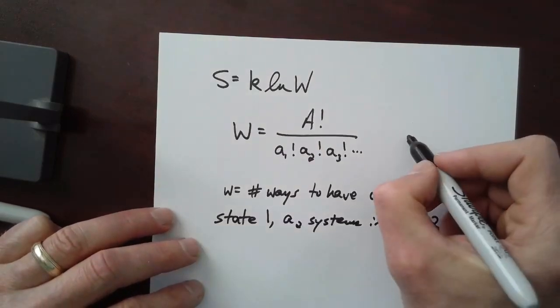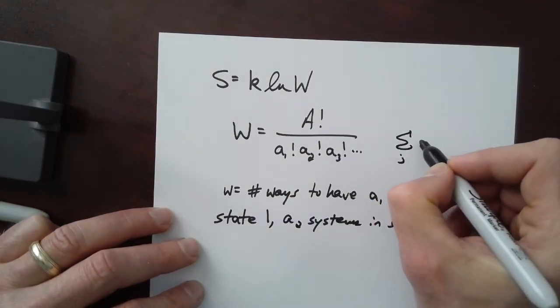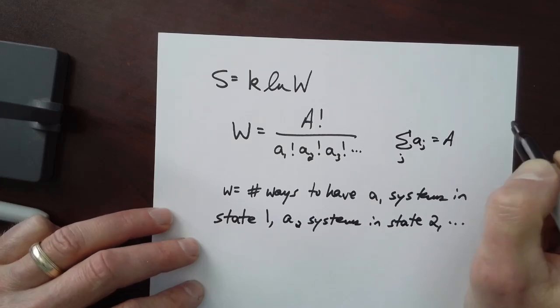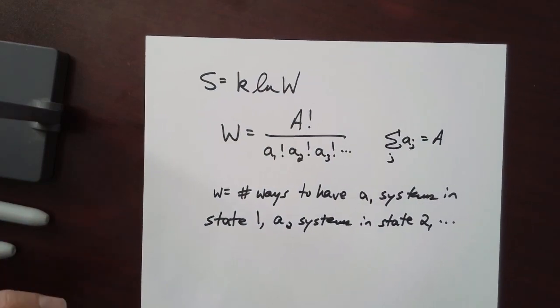Where the sum of all of these Aj's is equal to A, right? So A is the total number of systems.